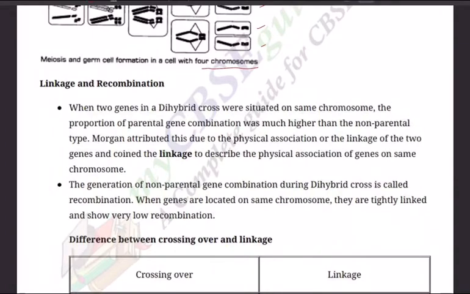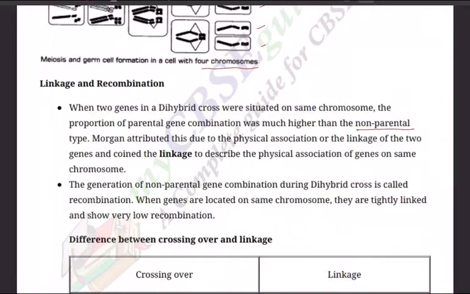We used one example: color of the seed, green or yellow, and nature of the seed, round or wrinkled. One of the parental characteristics was round yellow, right? We said capital R, capital R, capital Y, capital Y. So here the proportion of parental gene combination was much higher than non-parental.